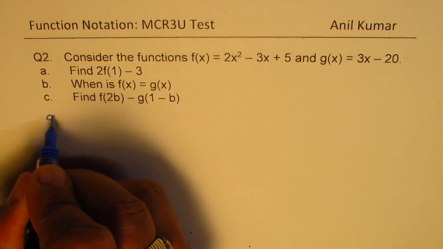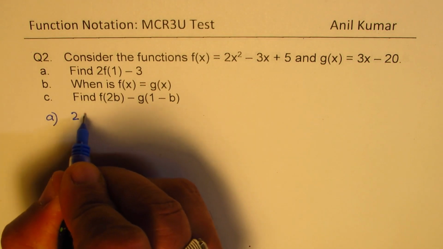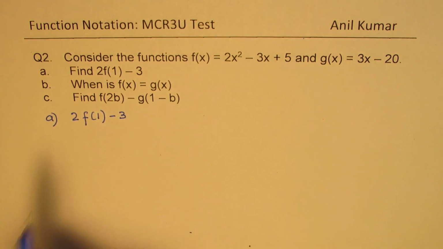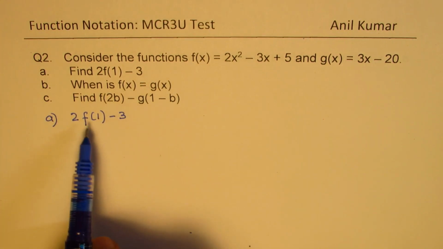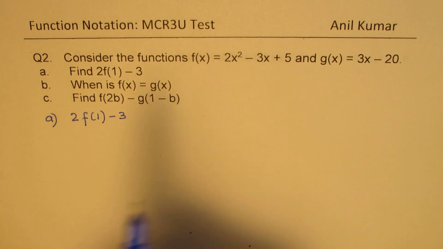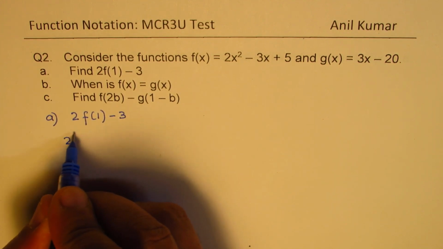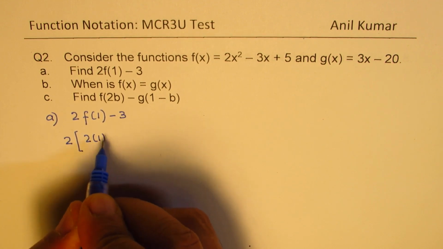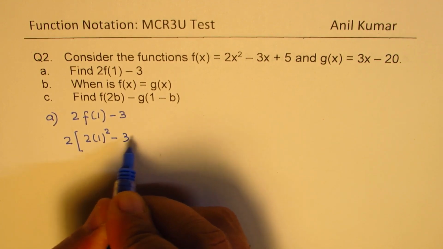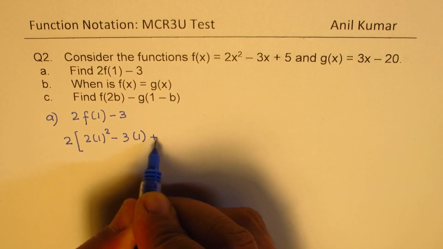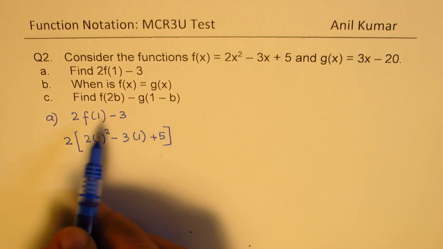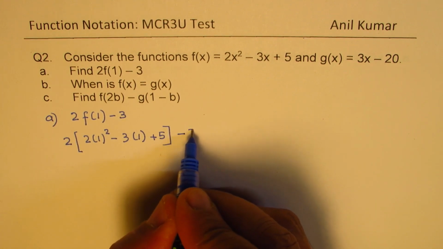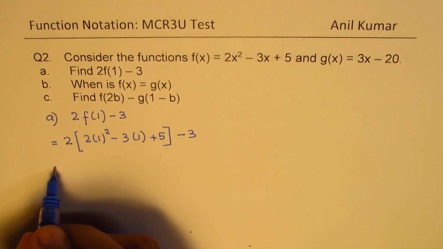So let's do part A first, which is 2 times f of 1 minus 3, right? So that really means f of 1 means substitute 1 for x, right? So we have 2 times, so when I substitute 1 here, I get 2 times 1 square minus 3 times 1 plus 5, right? So that is f of 1 within these brackets. And then we have minus 3. Is that clear to you? So that is how we are going to calculate, right?